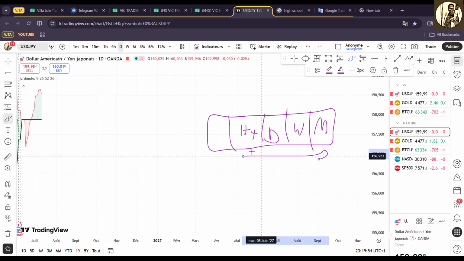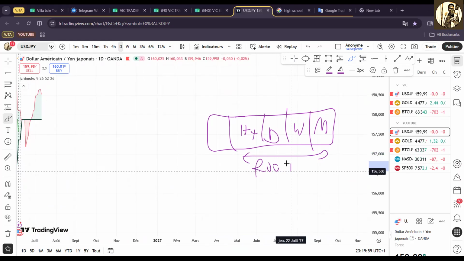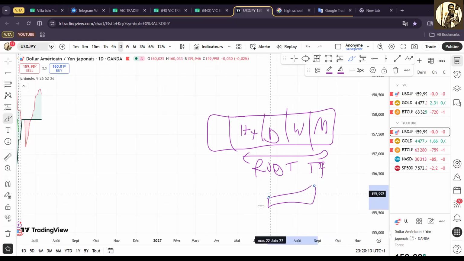These parts are called the root time frame, because this is where the big long movements will happen. That's where you find the zones. That's also where you find the direction.